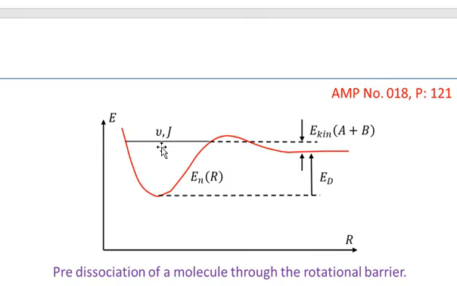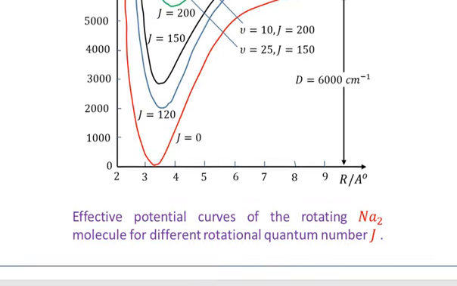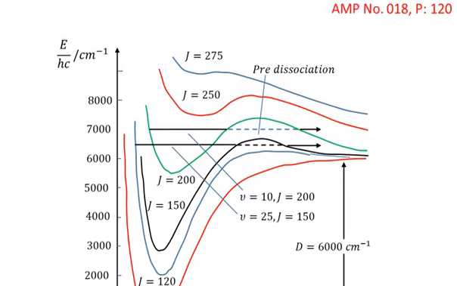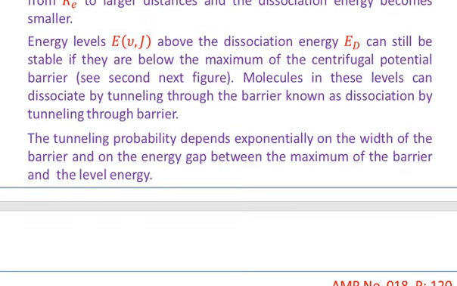And during the disintegration process, the molecule will emit the kinetic energy, which is carried by the nuclei A and B. Molecules in these levels can dissociate by tunneling through the barrier, known as dissociation by tunneling through the barrier.